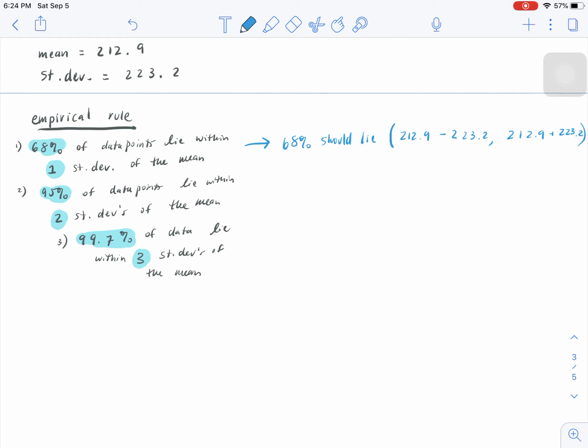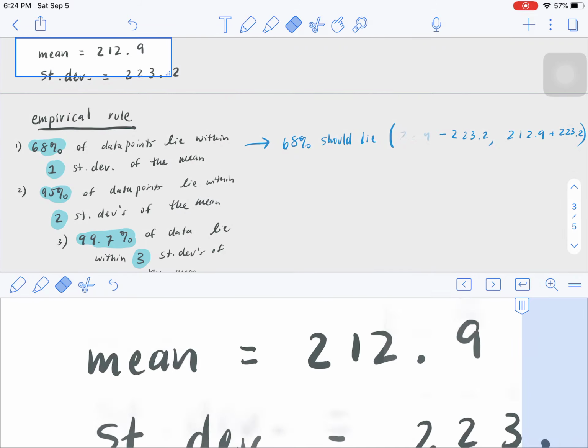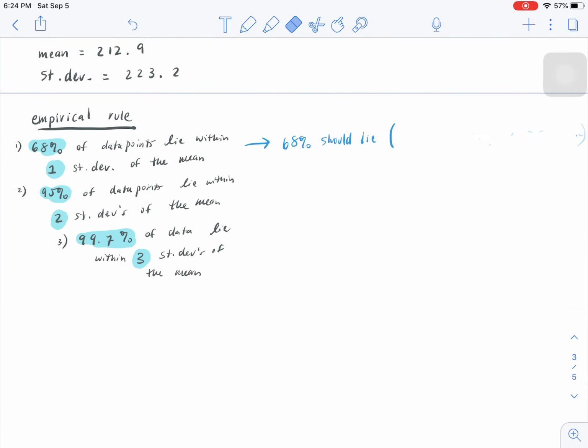Those two numbers are simply the mean minus 1 standard deviation, 212.9 minus 1 standard deviation, and the upper bound of my interval is the mean plus 1 standard deviation. If you calculate this out, you should get negative 10.3 to 436.1.